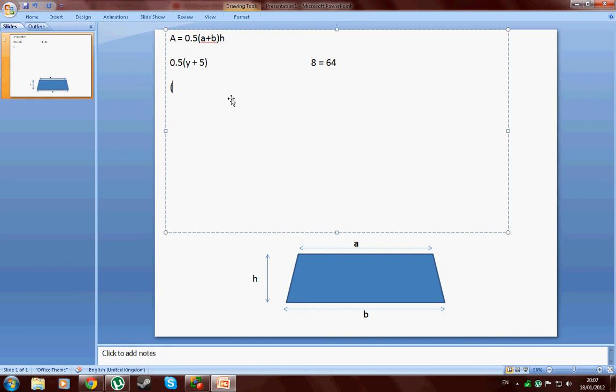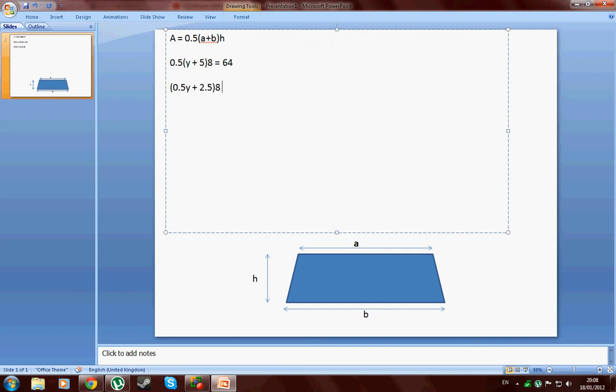They've done a half times y to give you a half y. And in the example, I think it's 6, so they do half times 6 to give you 3. But over here, we're going to do a half times 5, which is 2.5, because that's half of 5, right? So the contents of that bracket have been multiplied by a half, and that gives us that.